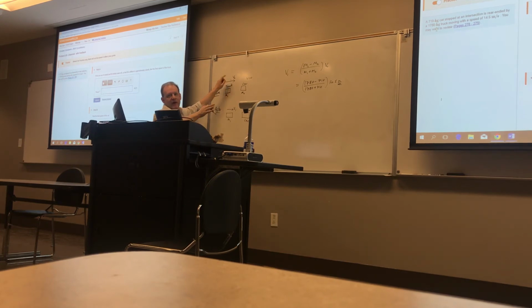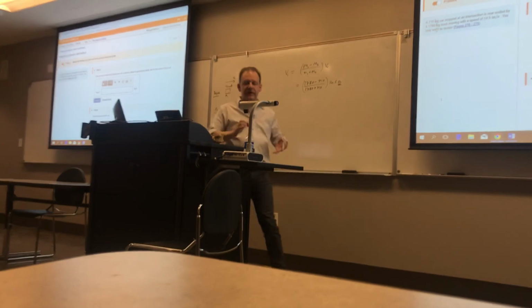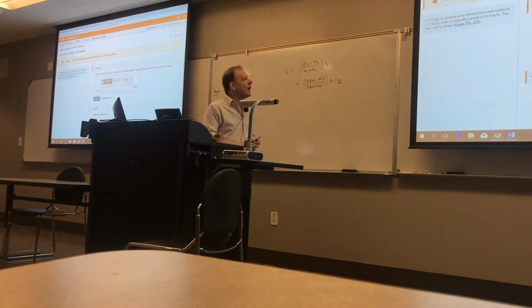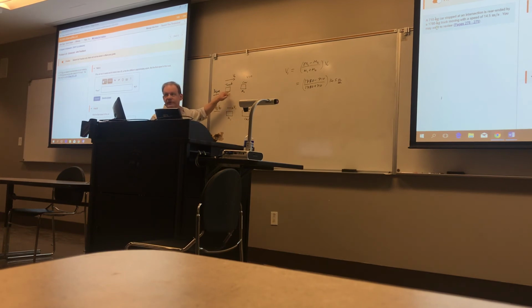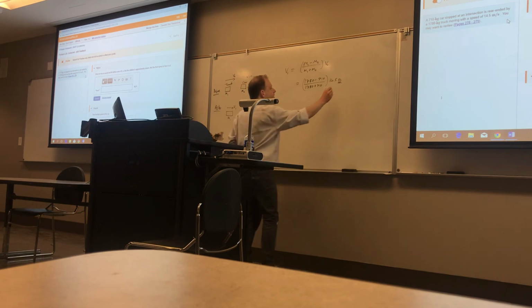The slide has called it V1, but it's the initial speed of the object that's moving. You can call it whatever you want. The truck is the one that's moving, at 14.5 meters per second. So that's the only velocity that we've got to work with. So what does that work out to be?